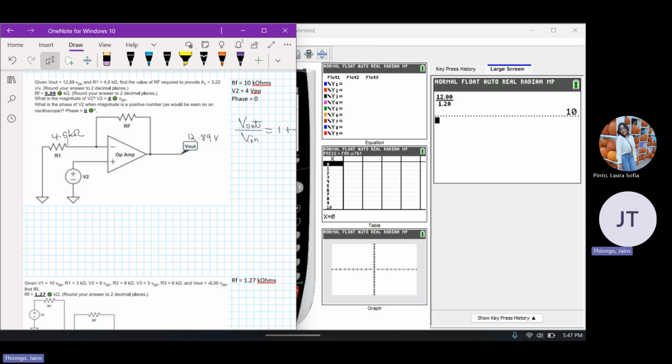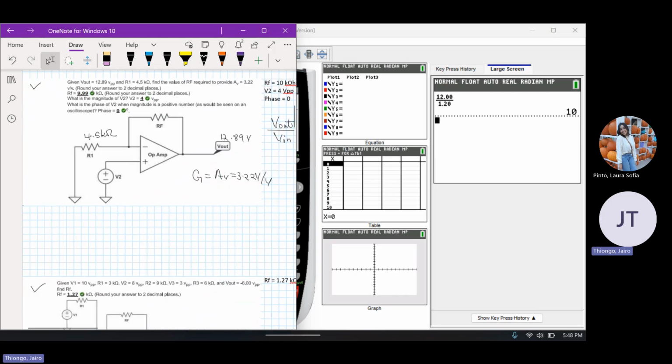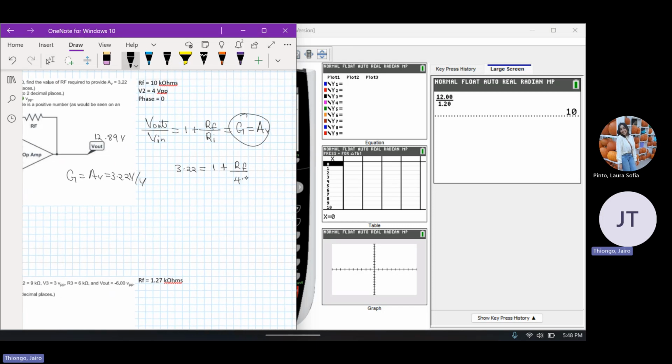We've also been given the gain, AV, which is 3.22 volts per volt. We're asked to find Rf. So plugging that into our equation, 3.22 equals 1 plus Rf over R1, which is the input, 4.5 kilo ohms.